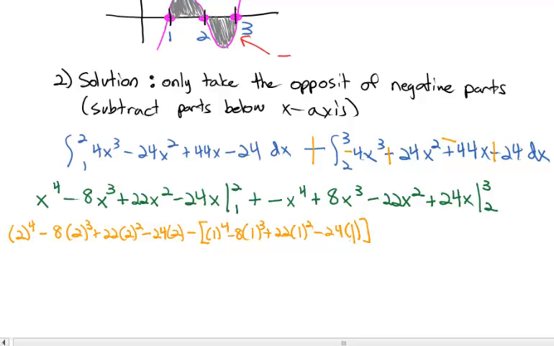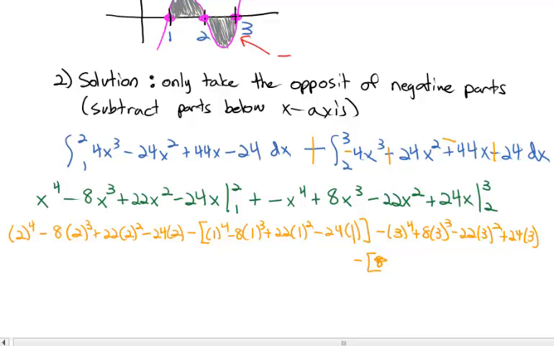Then we plug 3 into the next part, so that's negative 3 to the 4th plus 8 times 3 to the 3rd minus 22 times 3 squared plus 24 times 3. And then we have to subtract. I'm running out of space, so going on to another line here.